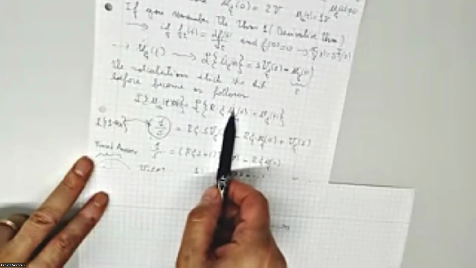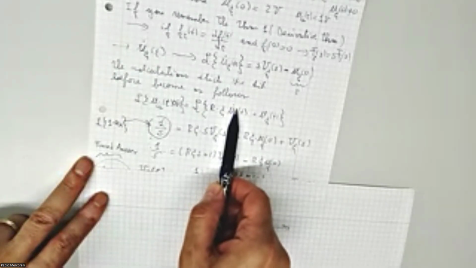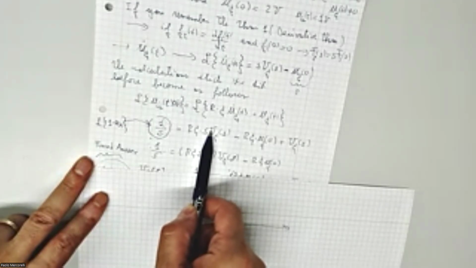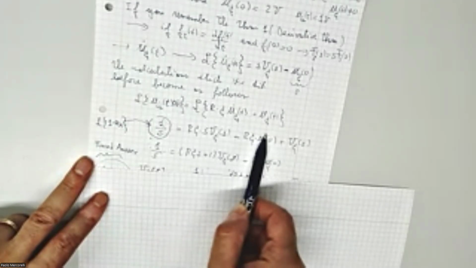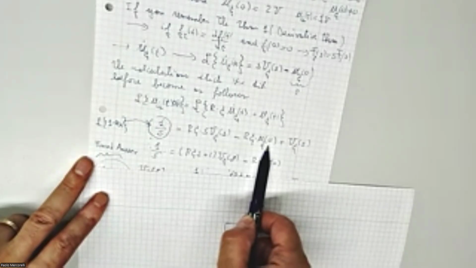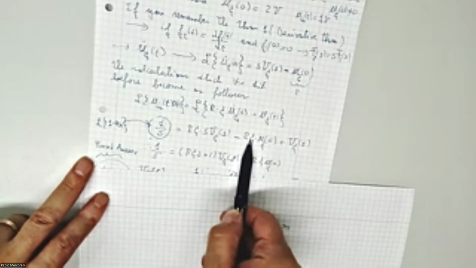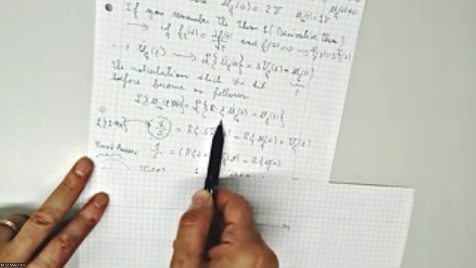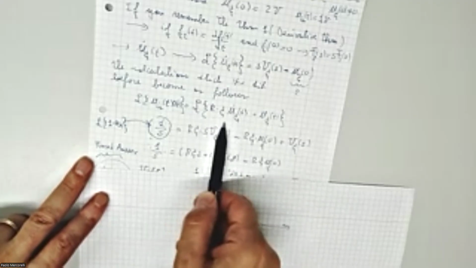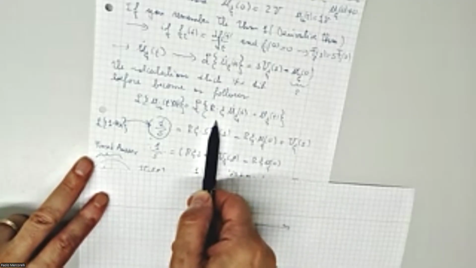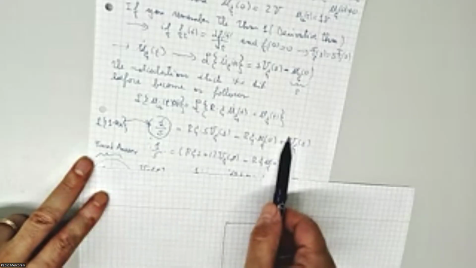Anyway, the Laplace transform of the Uc derivative is s times capital Uc of s minus this, because I assumed that the initial condition is not 0. And the theorem works, but of course we have to consider this. RC is multiplied because I can distribute RC. Plus this.